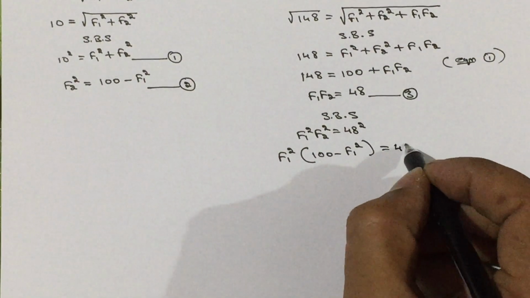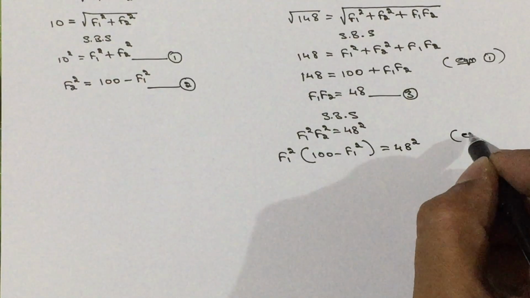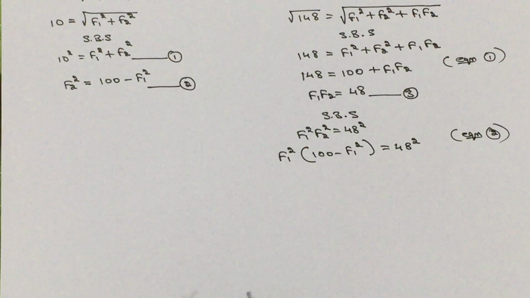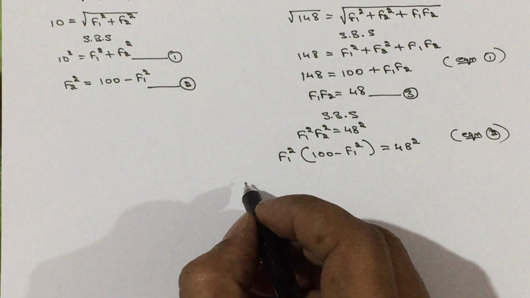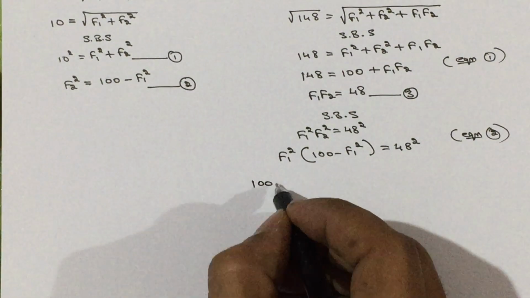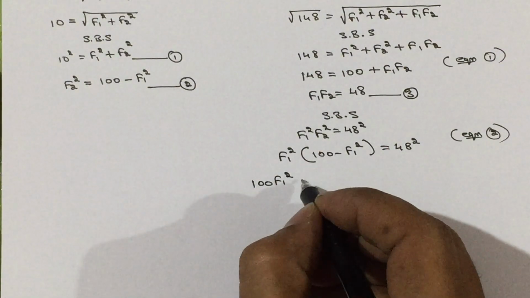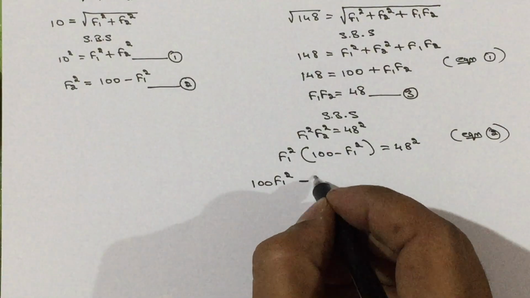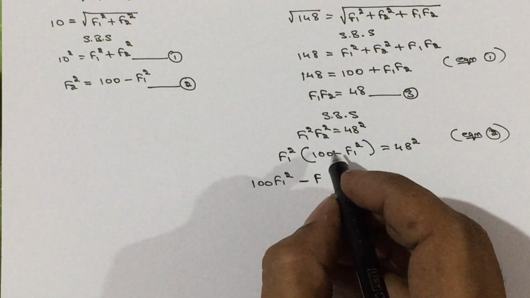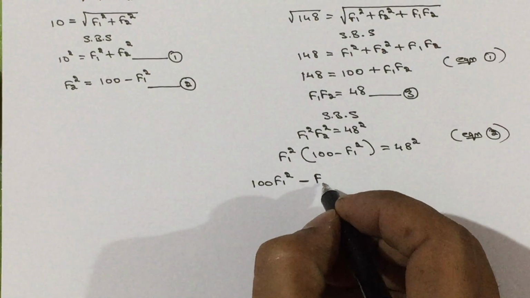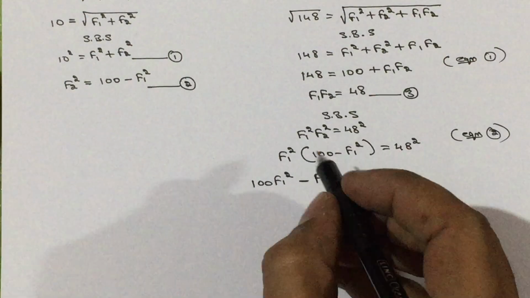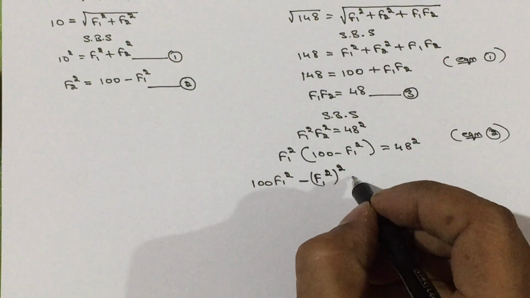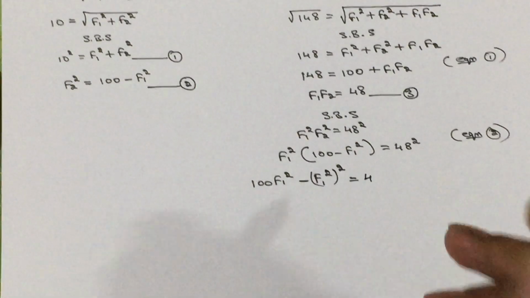That is equal to 48 square. Therefore, multiply it, you will get 100 F1 square minus F1 square into F1 square, it will become F1 to the power of 4, or we can write that one as F1 square whole square, and that is equal to 48 square.